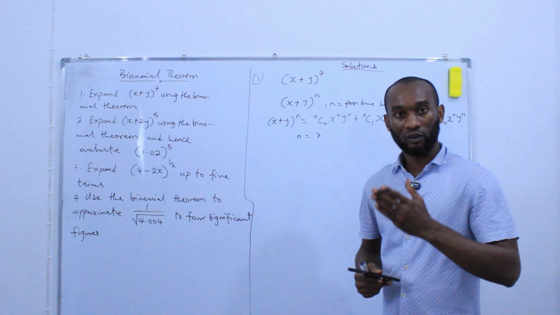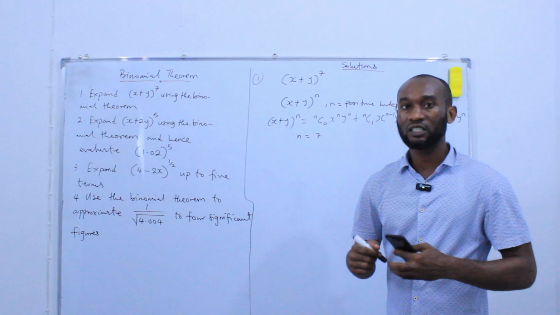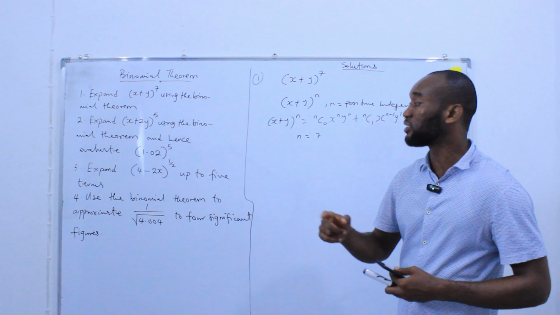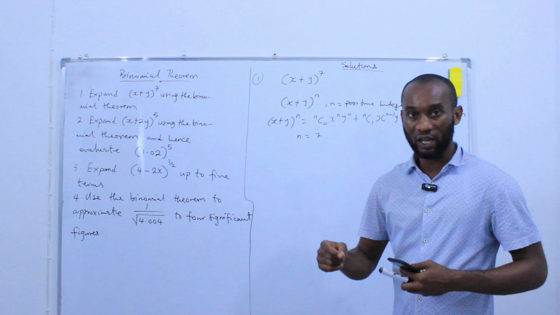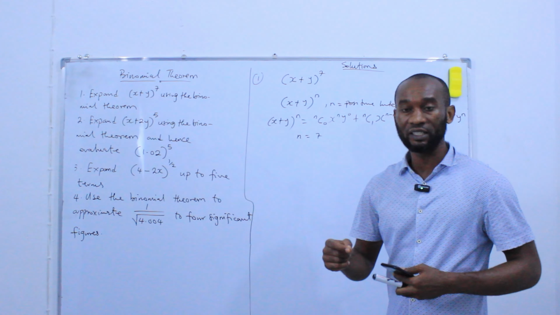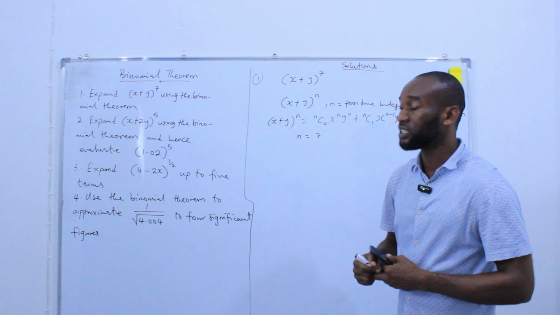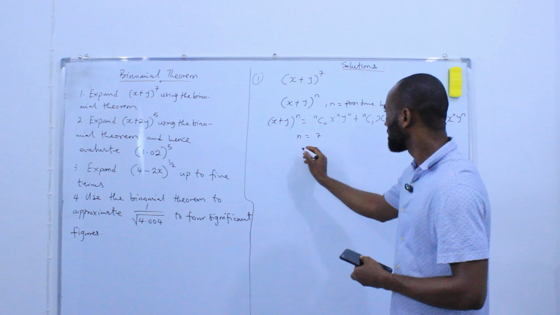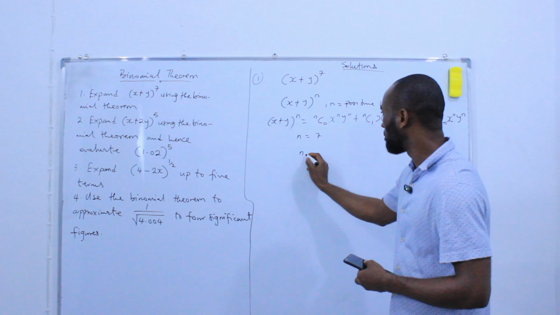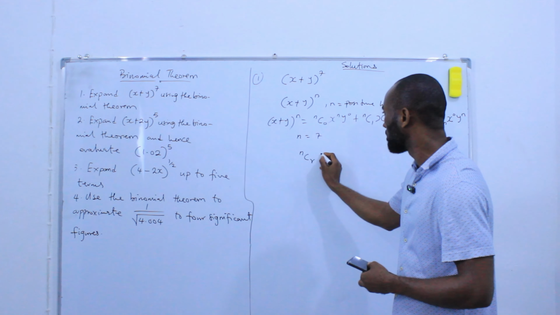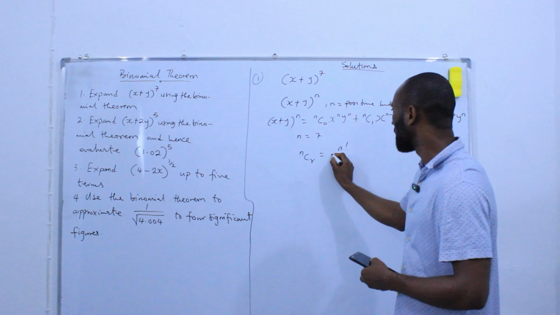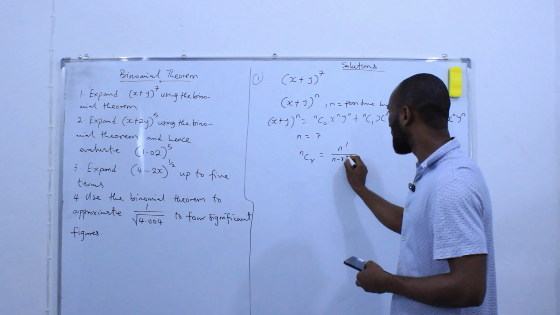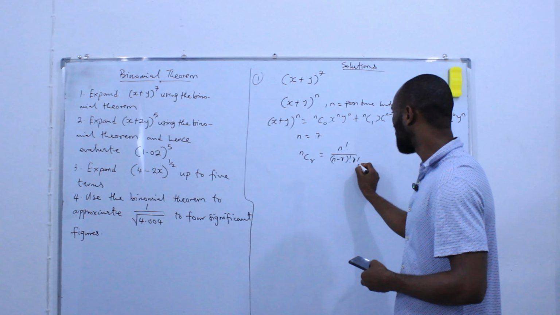Now, most of the time, students go ahead using the Pascal triangle, which is also a replacement of the binomial coefficient. The binomial coefficient has the formula nCr equals n factorial over n minus r factorial, r factorial.